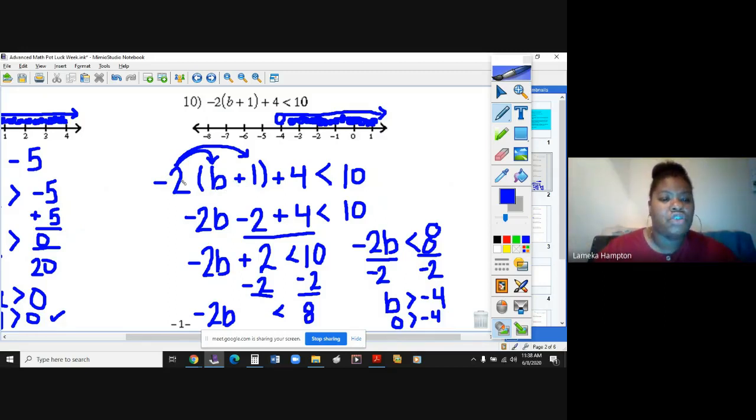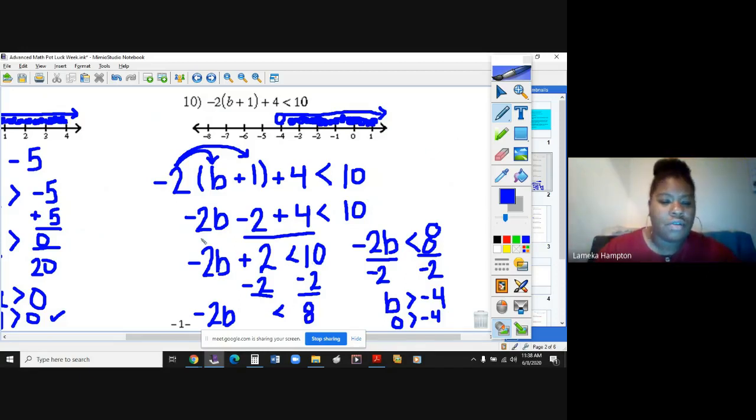So I have -2 times b, and that gives me -2b. And I have -2 times +1. Remember, a negative times a positive gives you a negative. So that's the reason I have a -2 here. I'm going to bring down my +4, and then my less than 10. No problem. So far, so good.